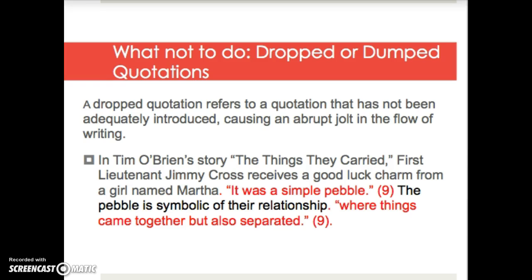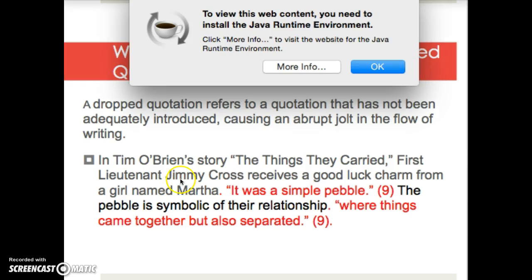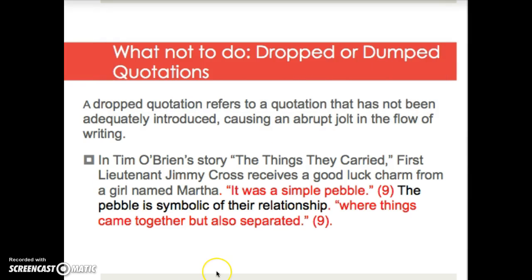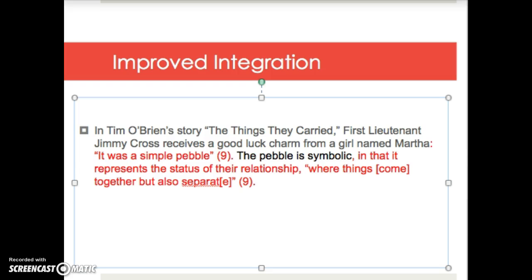So we have an opportunity to make more connections and integrate these quotations so it's more fluid and less abrupt when you add the quotation into your own writing. In this revised paragraph, we have the quotation being integrated more fully.